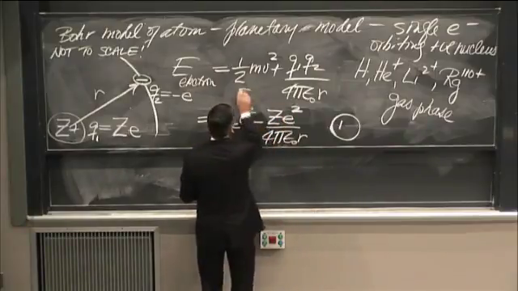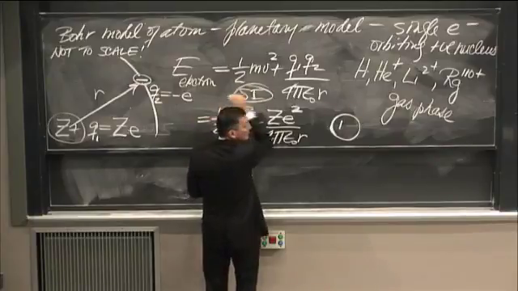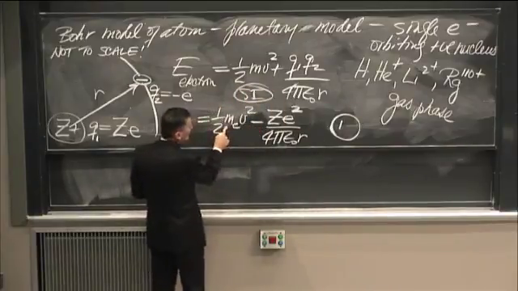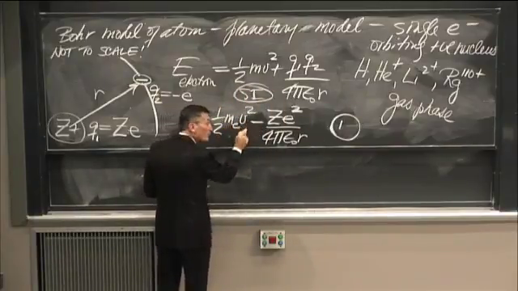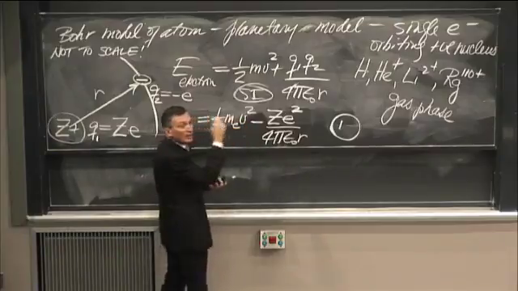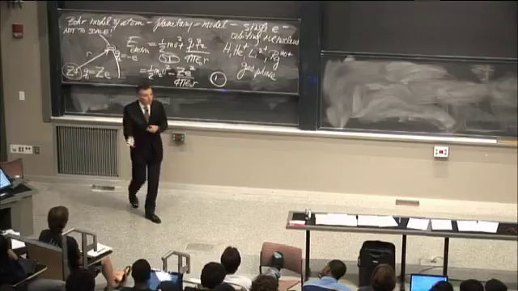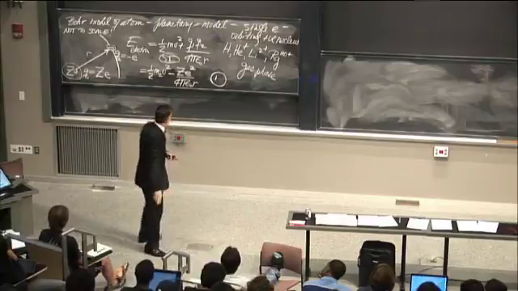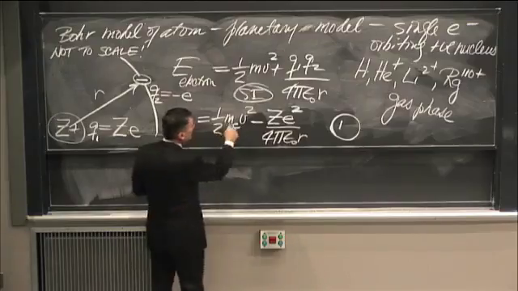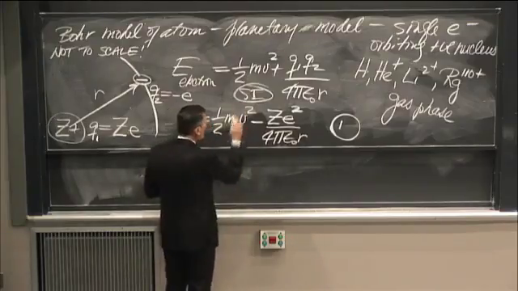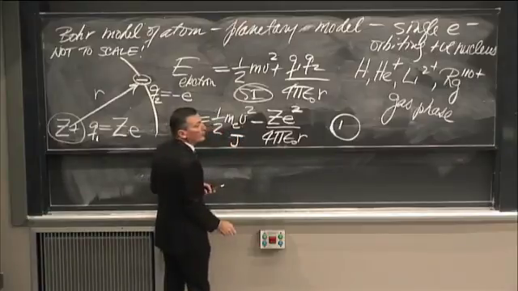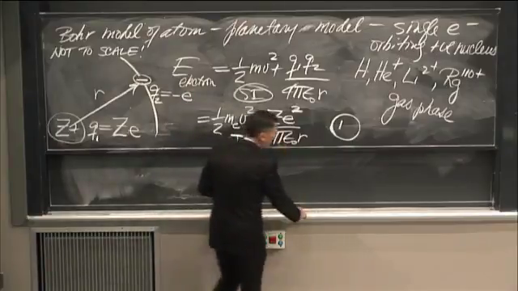And this is Système International: kilograms, meters per second. With impunity, it's in joules. So that's what the factor does there.